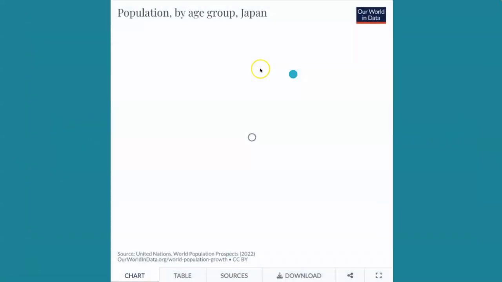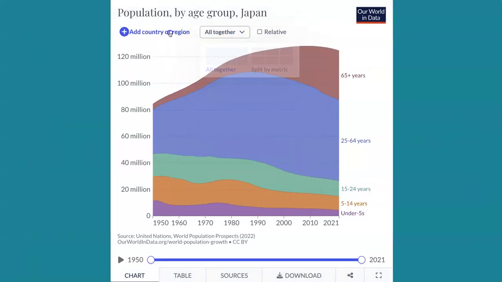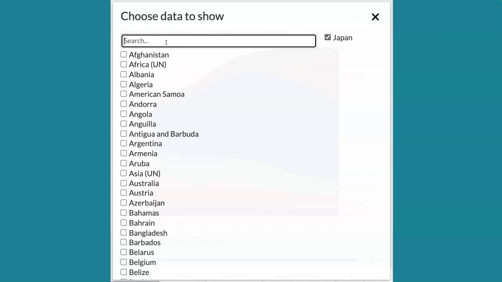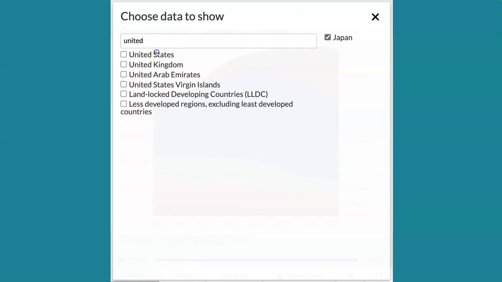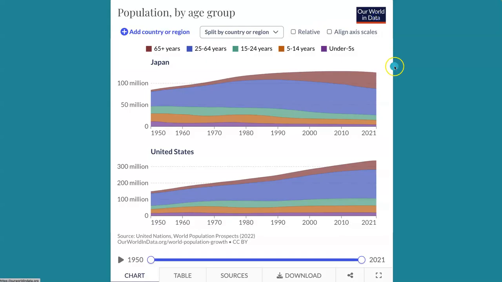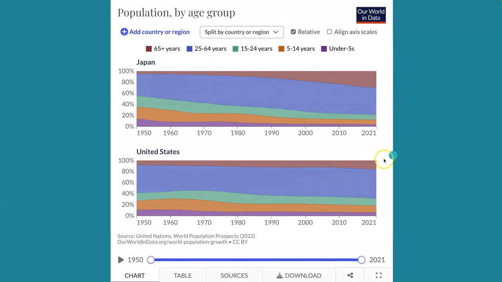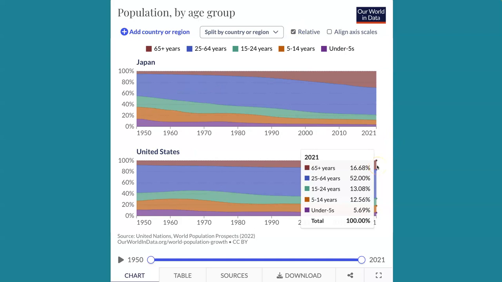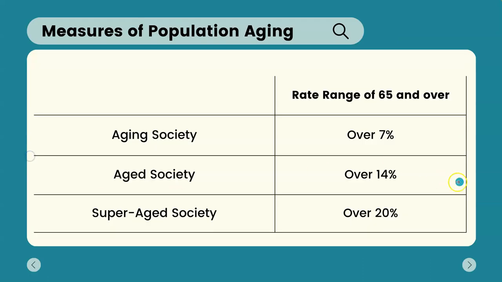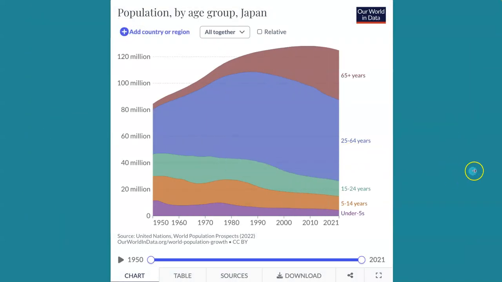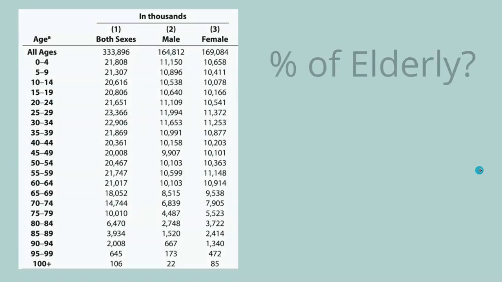So the United States has 16% or 17% of the population. So the United States is an aged society, but not a super aged society yet. So we can compare those graphs based on the criteria.